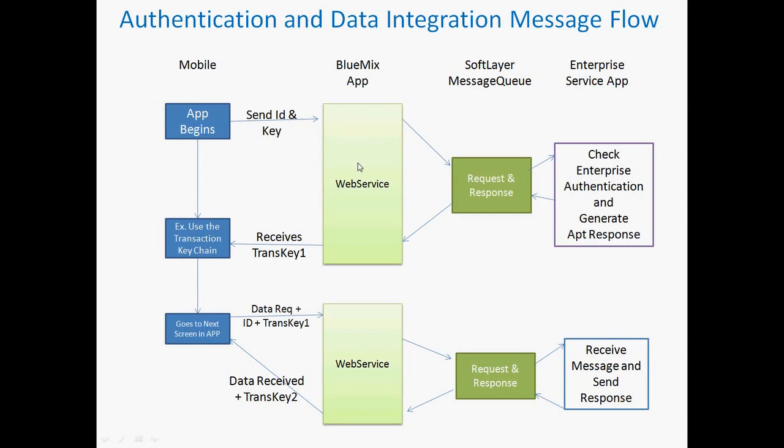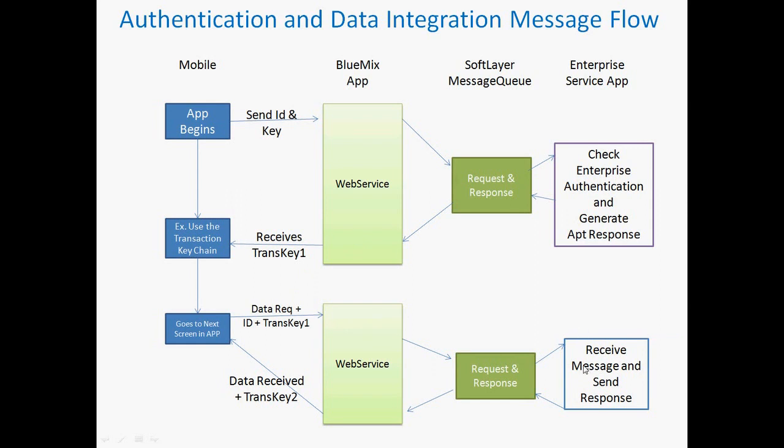The BlueMix application sends this, it's a standing web service, basically to the SoftLayer message queue, and the enterprise application does an enterprise internal authentication on this ID and then generates a response. If it's successful, of course, it goes forward to the next stage. Otherwise, it won't. That is where the application logic and the interpretation of the messages themselves would make sense.